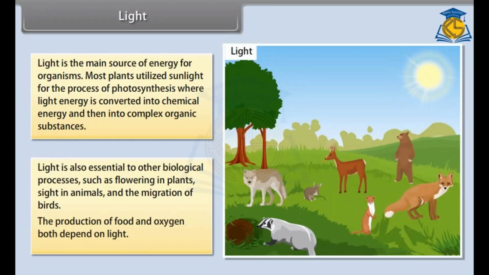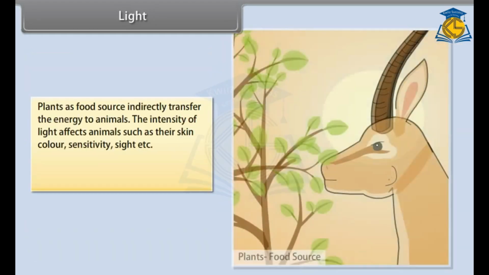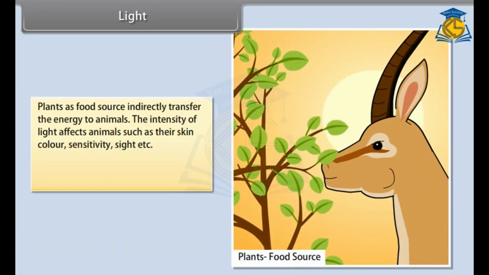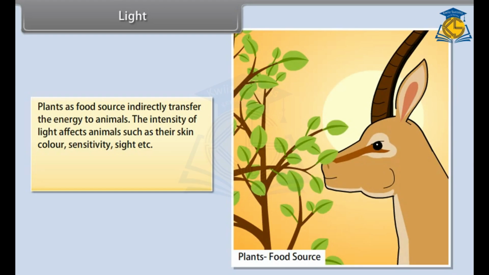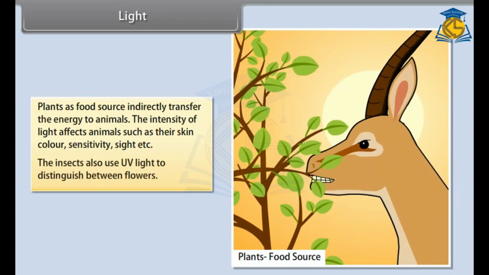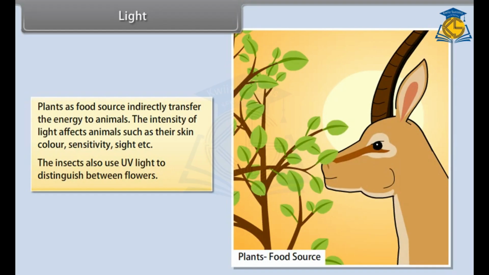The production of food and oxygen both depend on light. Plants as a food source indirectly transfer the energy to animals. The intensity of light affects animals such as their skin color, sensitivity, sight, etc. The insects also use UV light to distinguish between flowers.